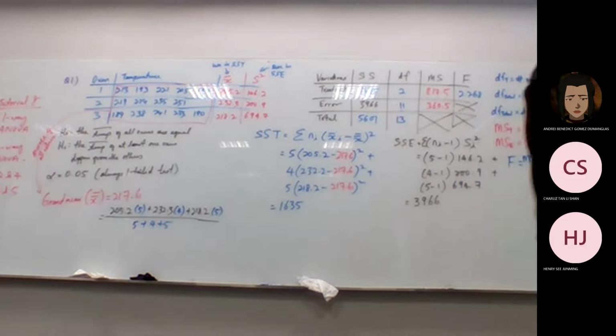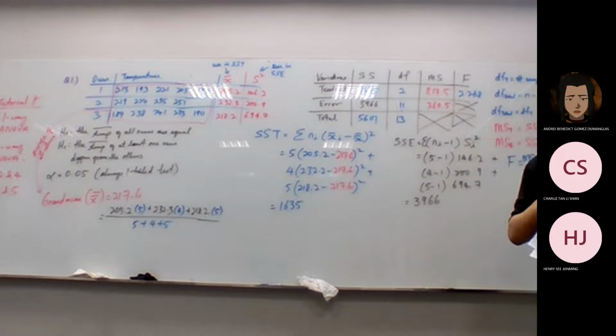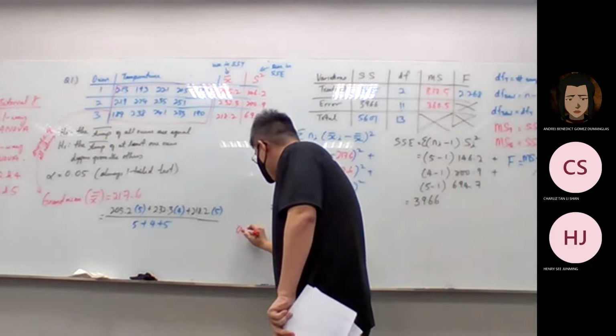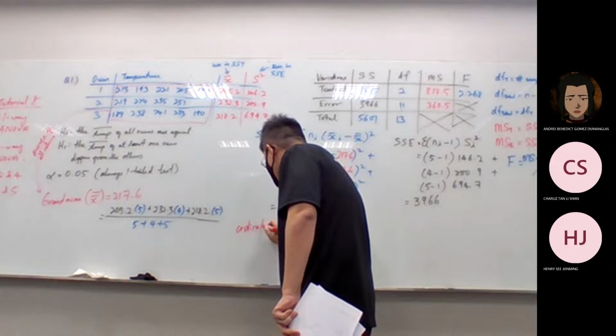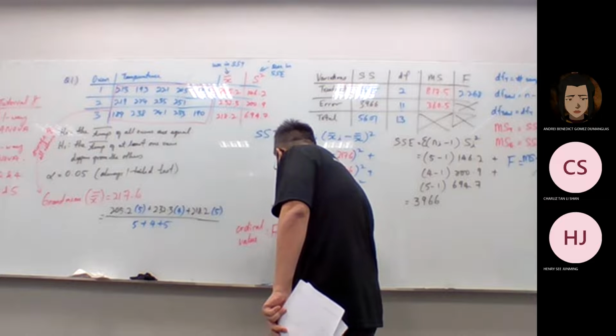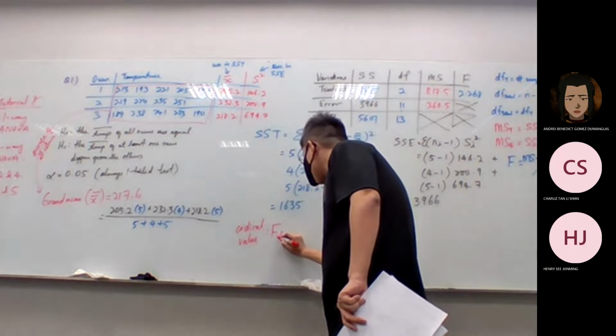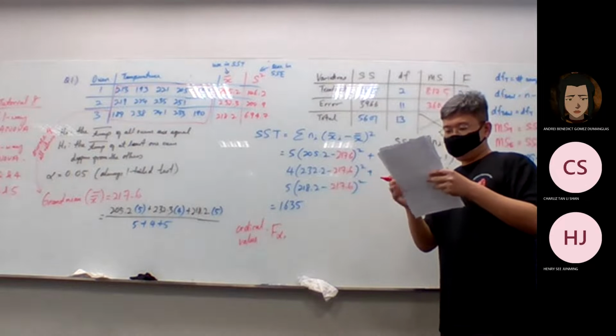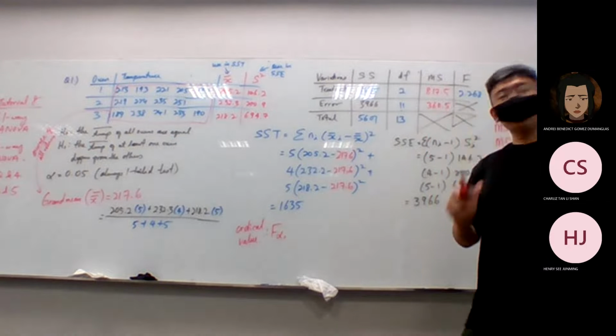Once you're up to here, the next thing is to find the critical value. So for your critical value, you need your F statistic, then the 2 degrees of freedom.